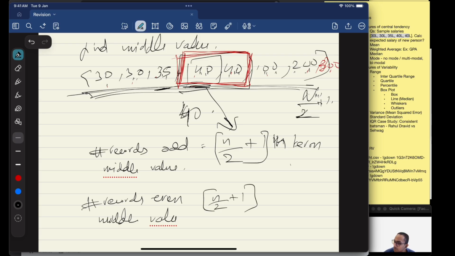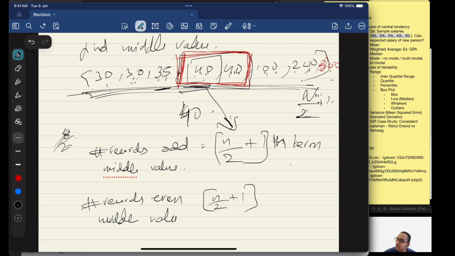Here n by 2, 8 by 2, would be 4, right? So n by 2 would be 4.